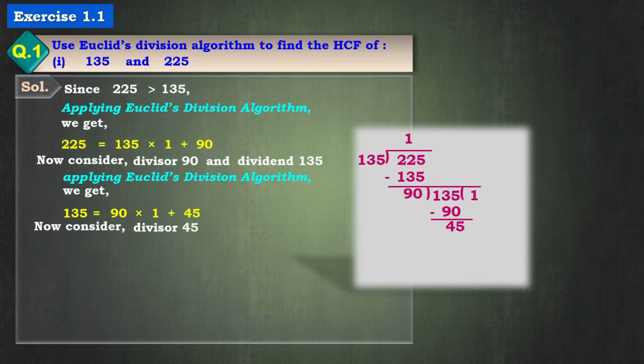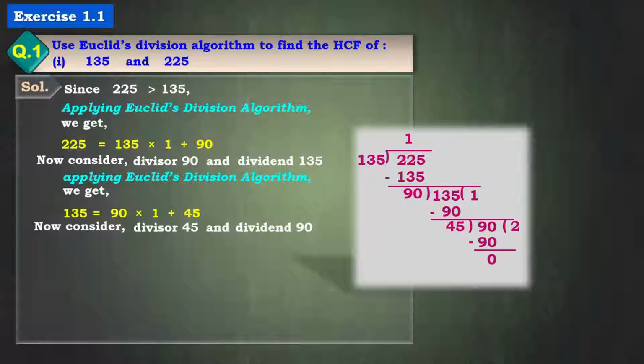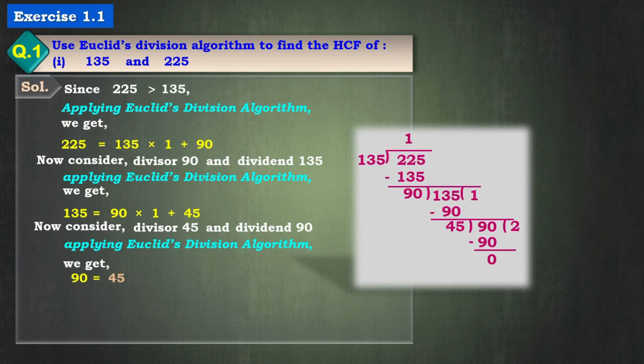Now again we have to repeat this process until we get the remainder as 0. So now 45 will become the divisor, and the earlier divisor 90 will become the dividend. 45 into 2 is equal to 90, and there will be no remainder, that is 0 remainder. So applying Euclid's division algorithm, we get 90 equals 45 into 2 plus 0.